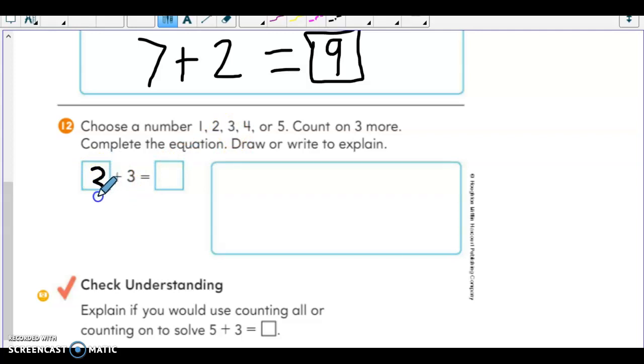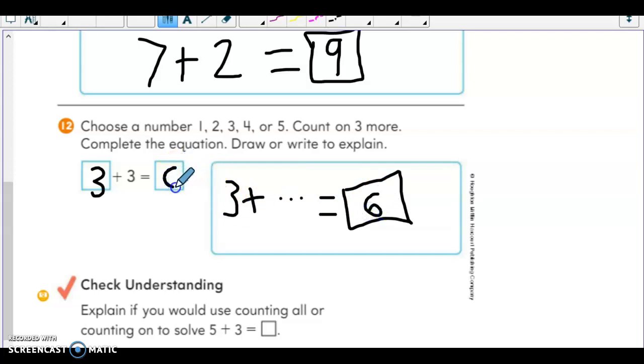So I'm using the number 3 here. 3 plus 3 equals, so we want to count on, we have 3 plus 3 dots, 1, 2, 3, equals the unknown. So we would say 3, 4, 5, 6. There we go, there's our answer. And we knew that one because that one's a doubles fact anyways.